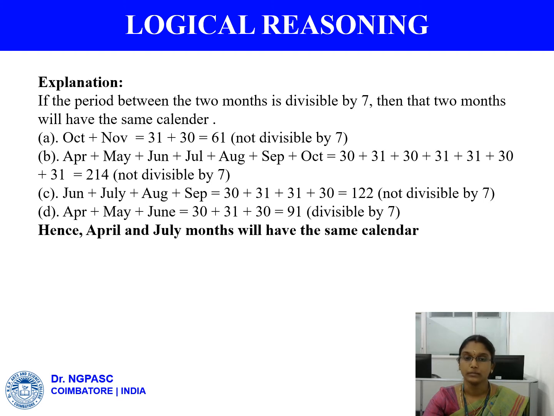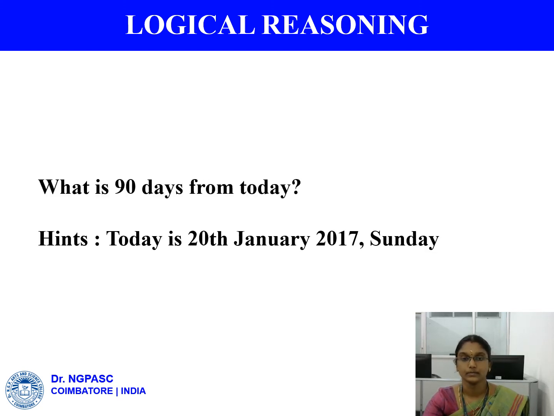June to September: 122, not divisible by 7. April, May, June: 30 plus 31 plus 30 is 91, divisible by 7. So April and July months will have the same calendar.